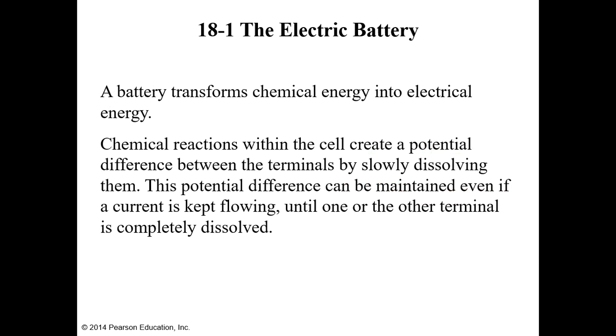Now, the basic idea is that batteries are transforming chemical energy into electrical energy. So you have chemical reactions within your cell that are separating charge, creating a potential difference, in other words, a voltage. Remember that term, potential difference just means voltage.